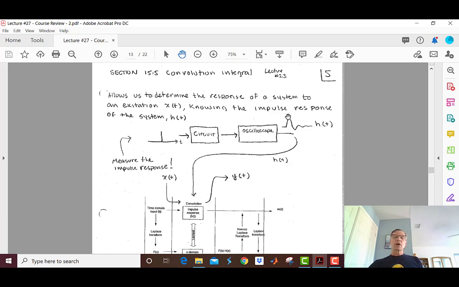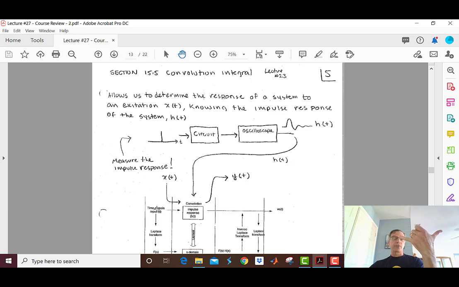So what convolution is, it's the operation of taking an arbitrary input and convolving it with an impulse response and finding the output. We describe it with an integral, but I like to describe it by saying, I've got Beethoven's Ninth Symphony. It's going in here. Now let's turn it around.